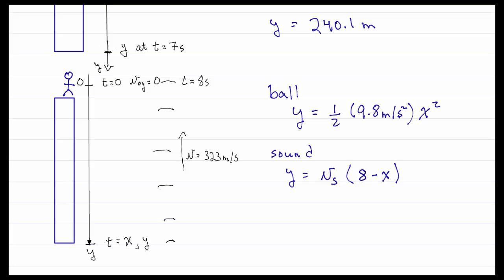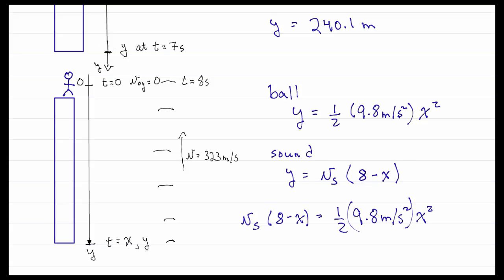Now these two y's should be the same, so we can equate them. So we have Vs times (8 minus x) equaling 1/2 times 9.8 meters per second squared times x squared.